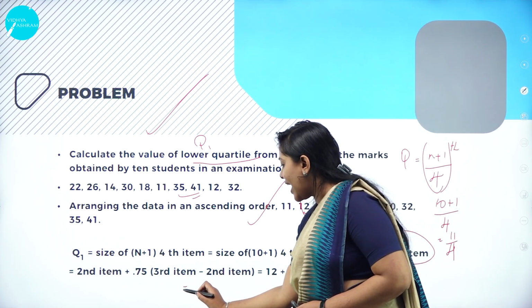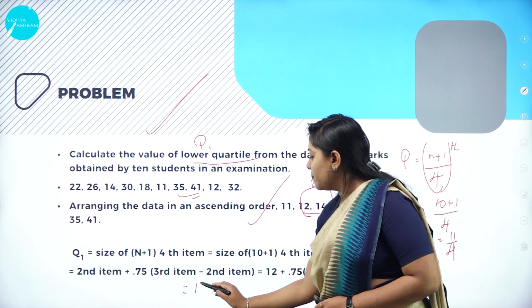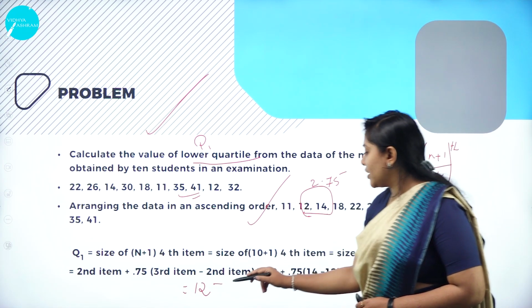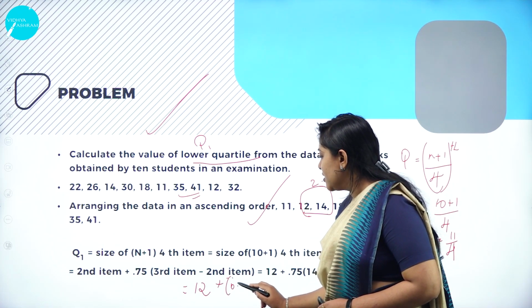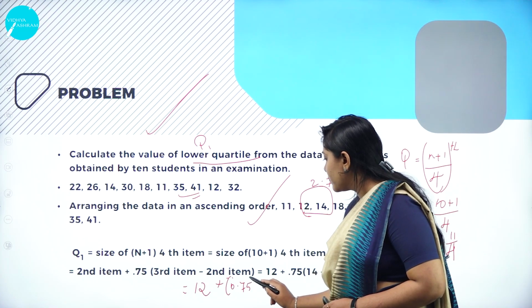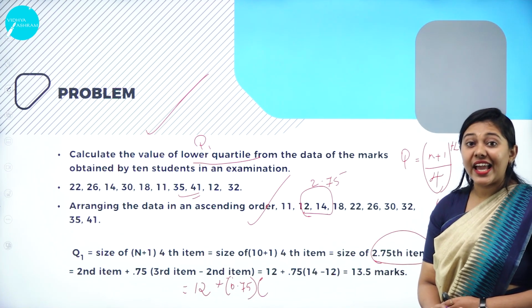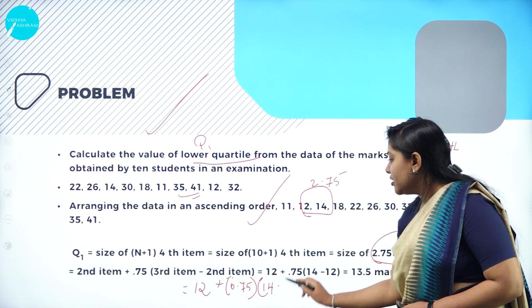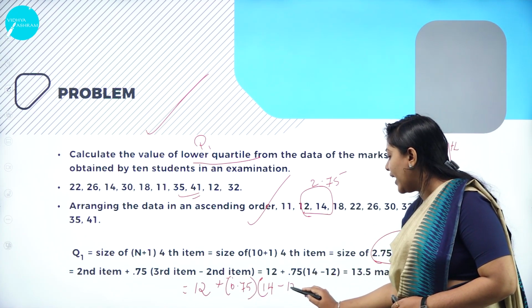So let's keep this as it is. What is the second item? 12 is the second item, plus 0.75 into (third item minus second item). What is the third item? 14 is the third item and 12 is the second item.